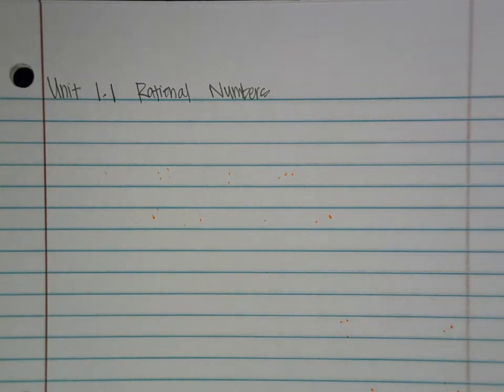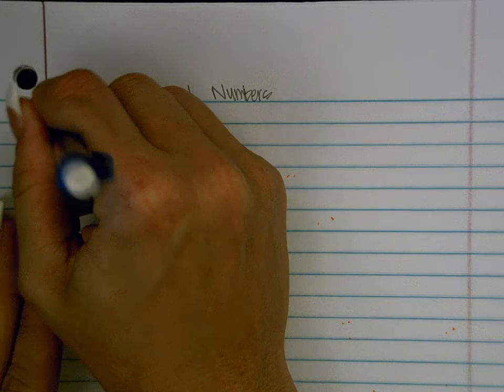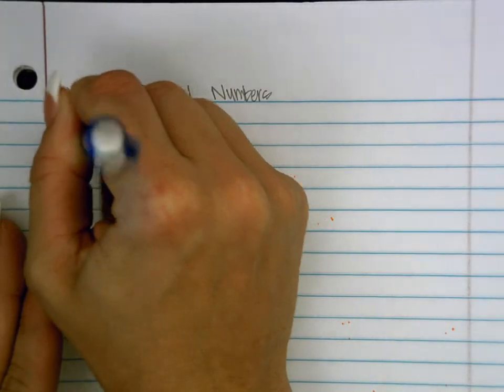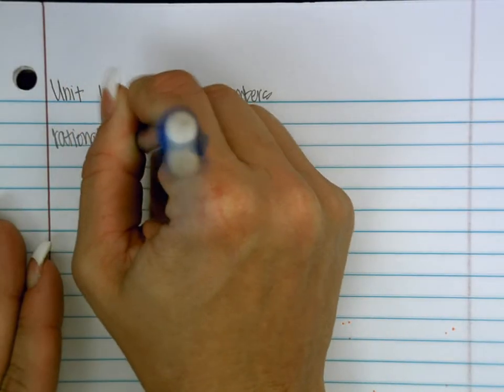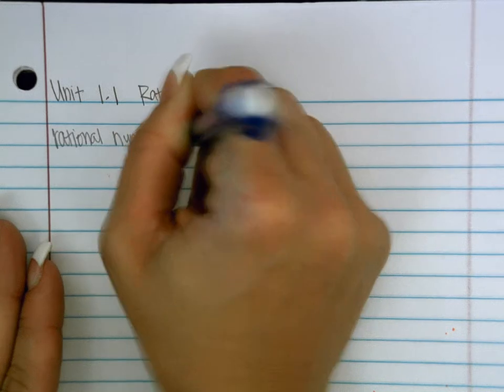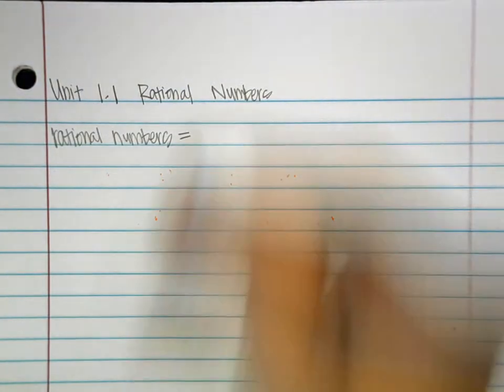Okay, so first thing I want to do is write down the technical definition of a rational number. A rational number, or rational numbers, and this is a definition, so I'm just going to write equals.